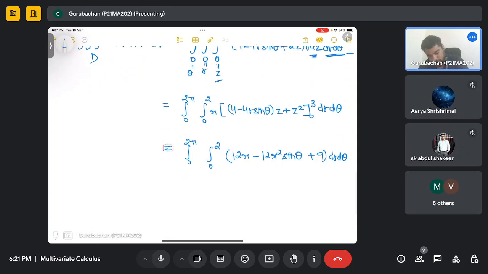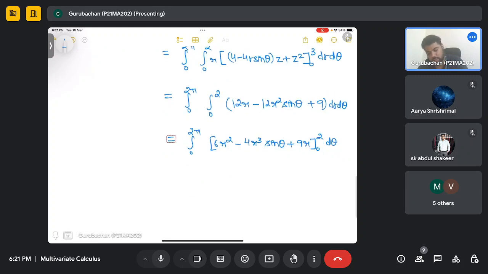The next step is to integrate with respect to r. This will give us 6r² minus r³/3, minus 4 times r³ sin theta/3, plus 9r, from 0 to 2 d theta.